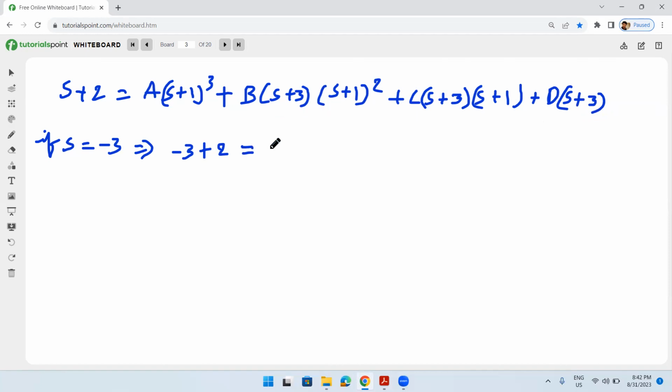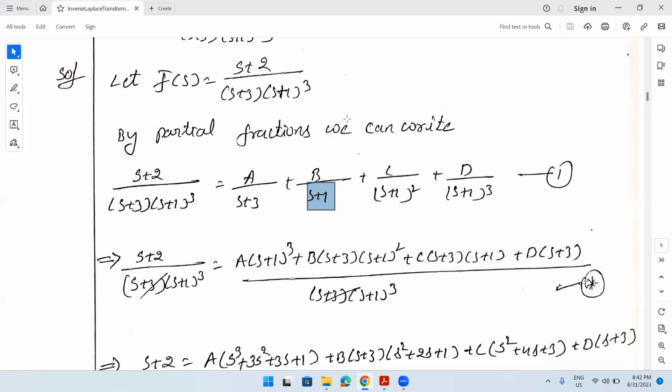We get only the A coefficient, that is A into (minus 3 plus 1) whole cube. Minus 3 plus 2 is minus 1, and minus 3 plus 1 is minus 2 whole cube. Minus 2 cube is minus 8A. So we get A equal to 1 by 8. Simply we get directly A is equal to 1 by 8.